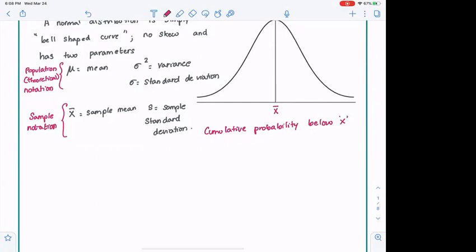The cumulative probability below x, that's the x-axis. Maybe I should use a different letter so that you understand things better.